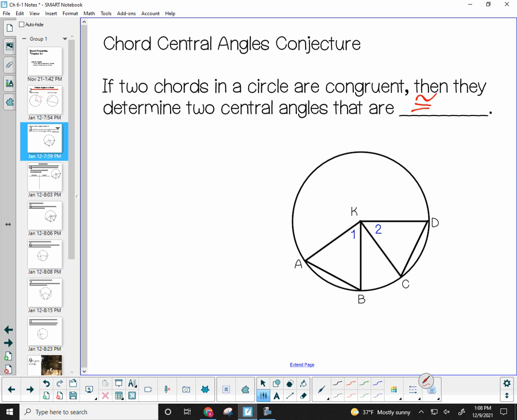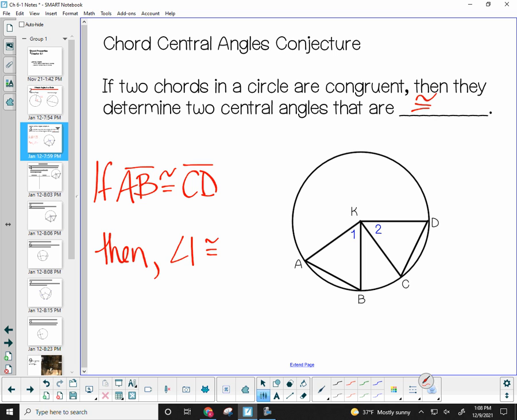So the blank there is congruent. In our specific case here, we're saying if segment AB is congruent to segment CD, if we have those 2 congruent segments, then that means that angle 1 has to be congruent to angle 2.